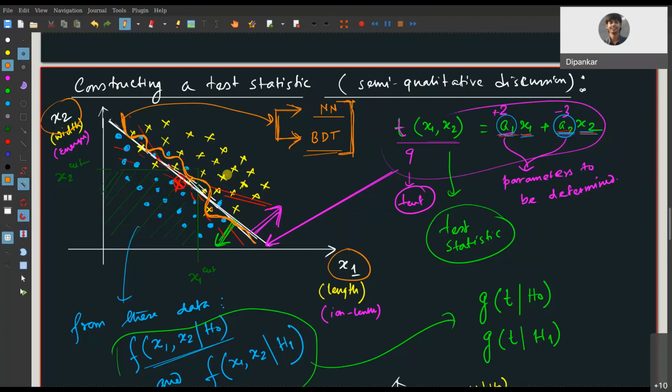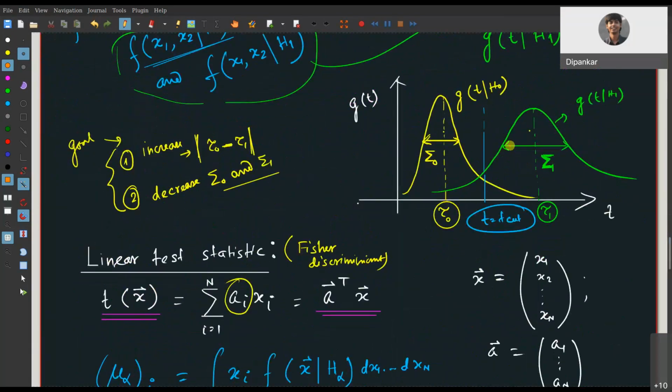Just take that data, write a program, and try to construct a test statistic, and try to separate out these two hypotheses, whatever those two hypotheses are. Then calculate the purity of your sample and see how efficient your sampling algorithm is.